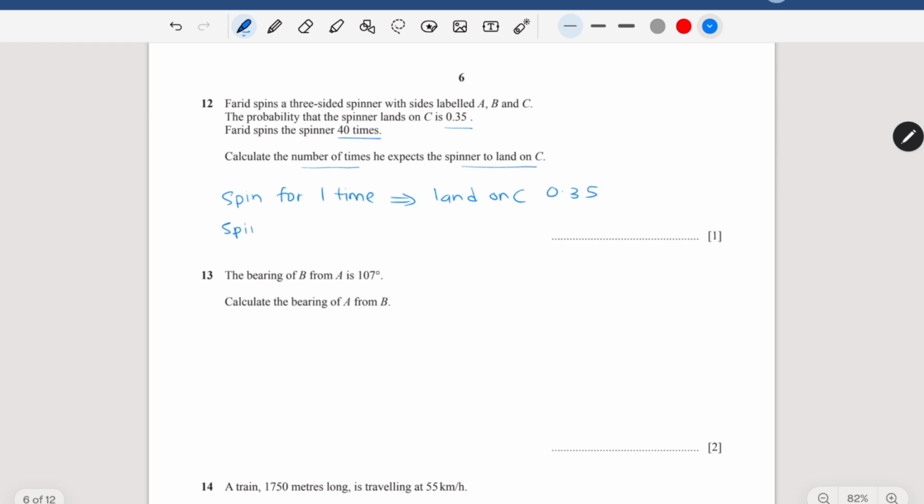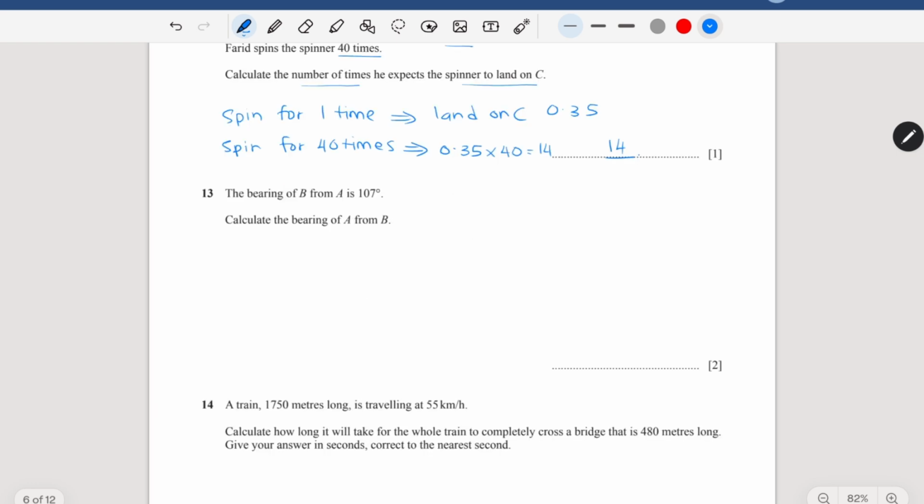So, when we spin the spinner 40 times, how many times can it land on C? In order to find this, we need to times 0.35 with 40. So, your answer will be 14 times. This is the final answer.